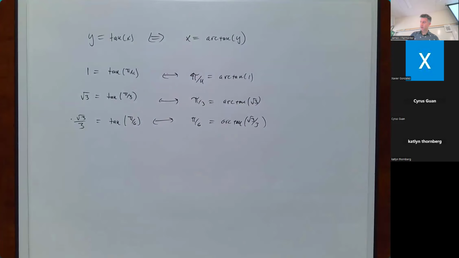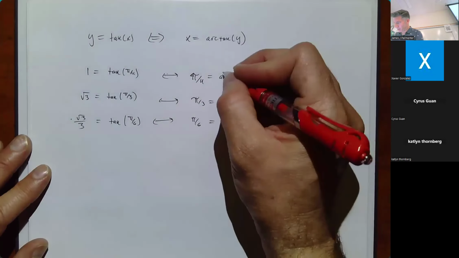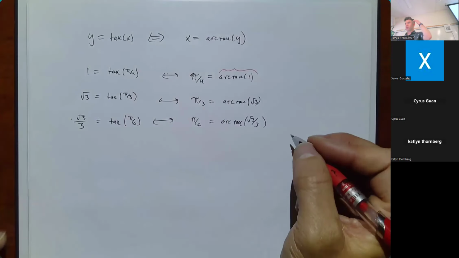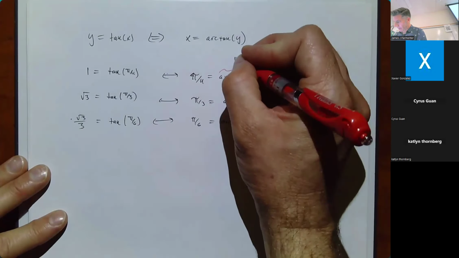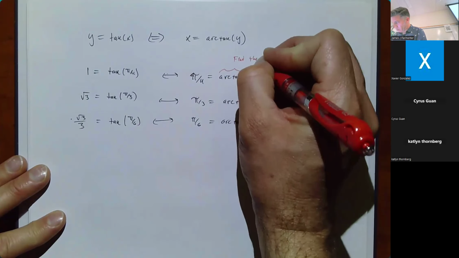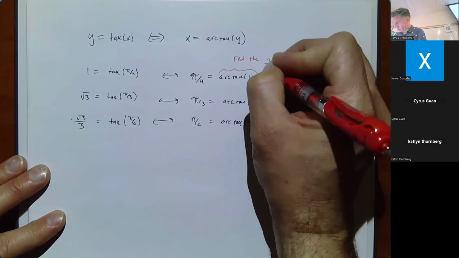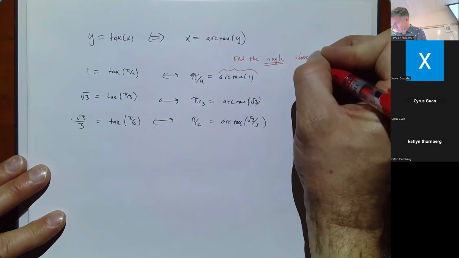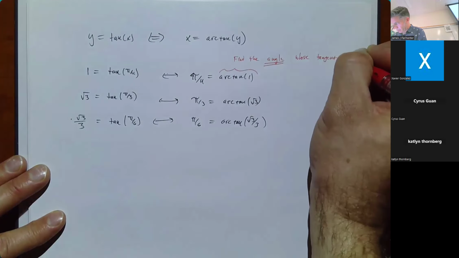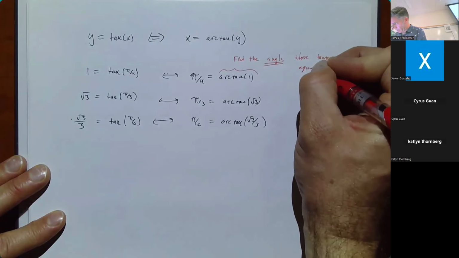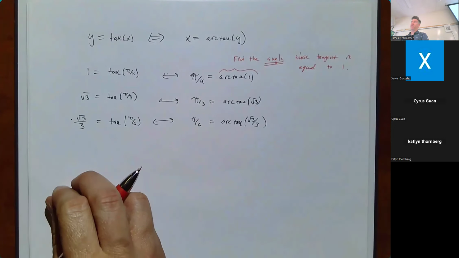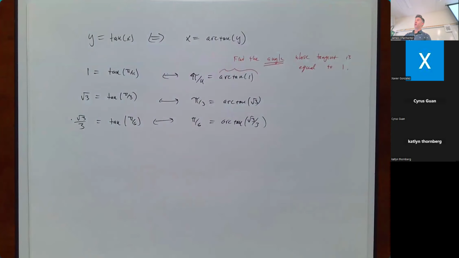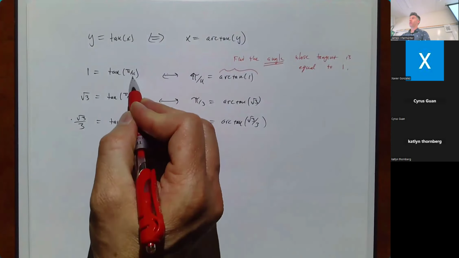When I look at this arctangent of 1, the words that are actually being said in my brain are: find the angle, emphasis on angle, whose tangent is equal to whatever number is in there. In this case, 1. So what's the angle that if I take tangent of that angle, I get 1? Oh, it's pi over 4.